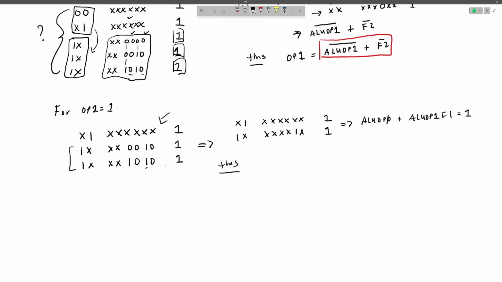Thus, OP2 is equal to ALUOp0 or (ALUOp1 and F1), and that's our second equation.